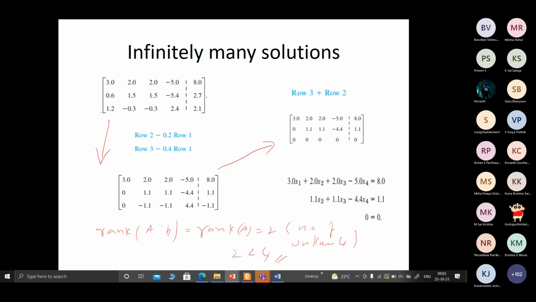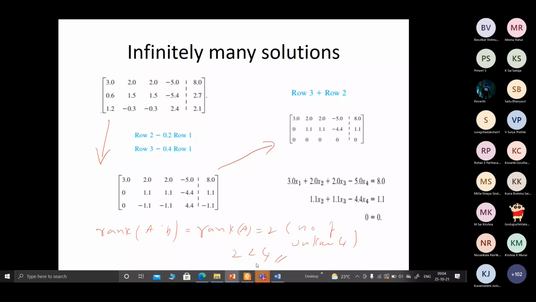So when you write the equations, this is what you get. 1.1 x2, 1.1 x3 minus 4.4 x4 is equal to 1.1. And the above equation is 3x1 plus 2x2 plus 2x3 minus 5x4 equal to 8.